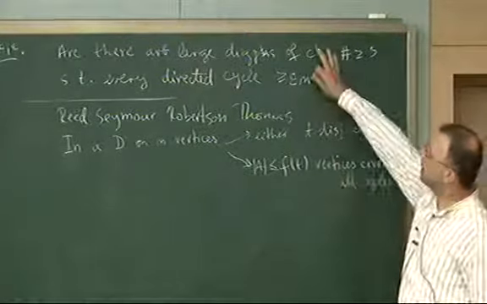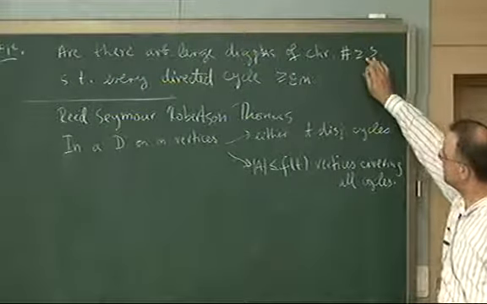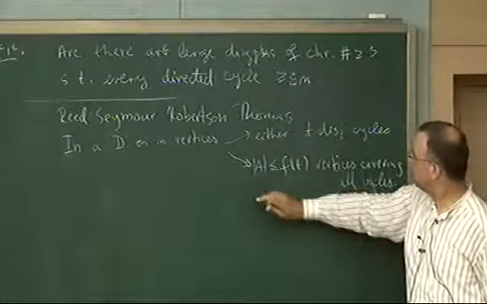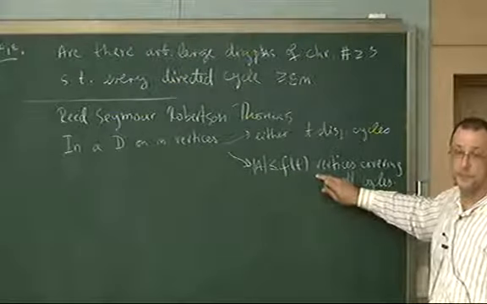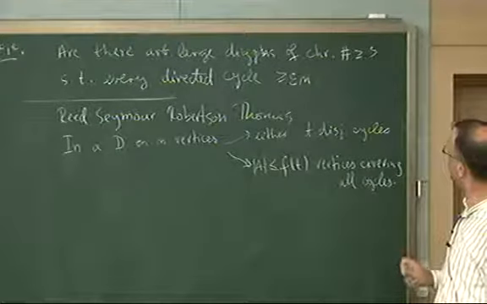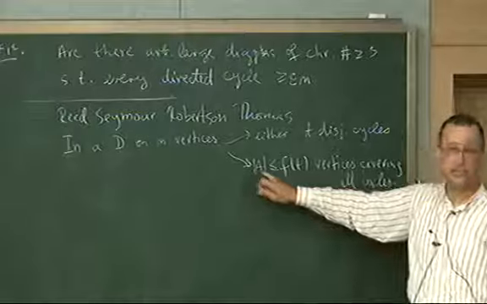Now, if I have such a digraph, I know the chromatic number is at least 3. So if I remove this set A and get no cycles, it means that this set A contains a cycle, right?